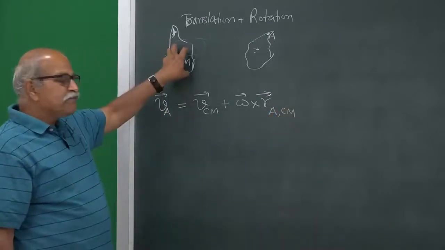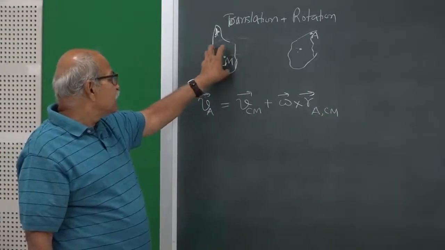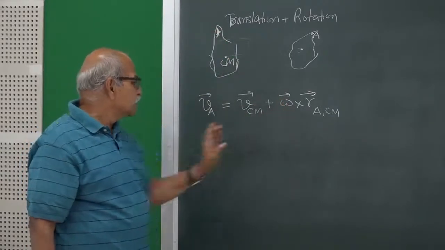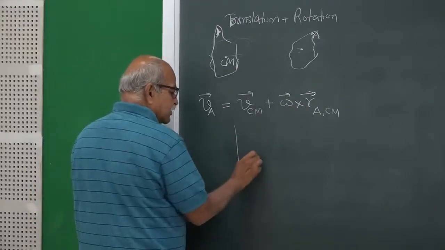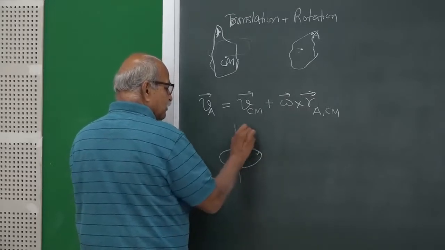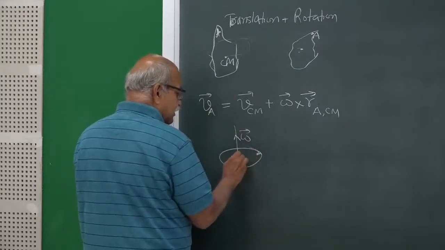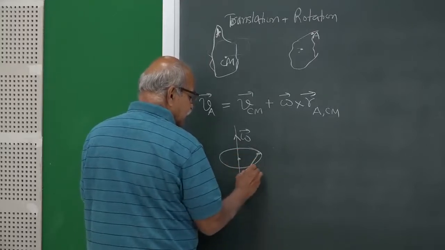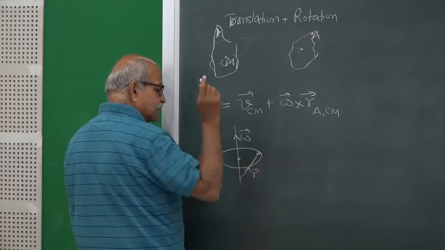So, you fix a frame with the center of mass at the origin, and in that frame this is a pure rotation, and pure rotation can be described by this, because if you have an axis here and a pure rotation, every particle goes in a circle. If this is omega, the rotation axis, and you take the origin anywhere, then the cross product of this r vector and this omega vector is v.